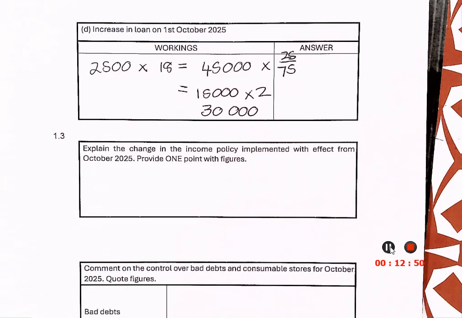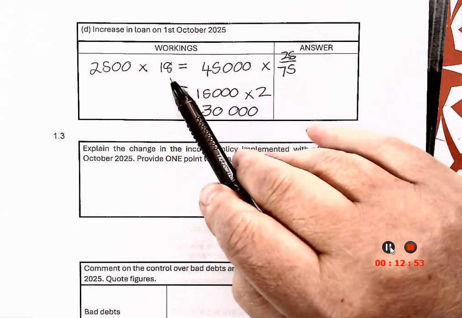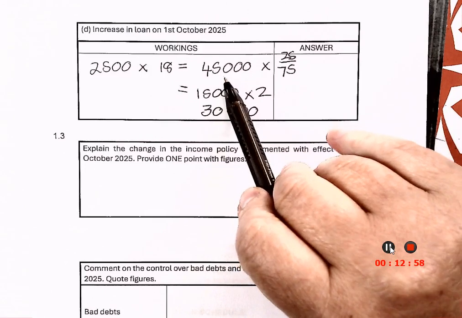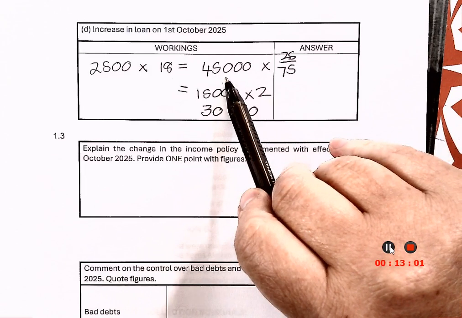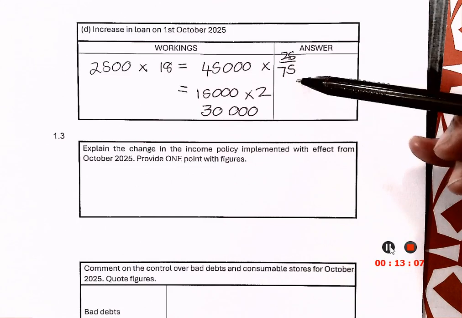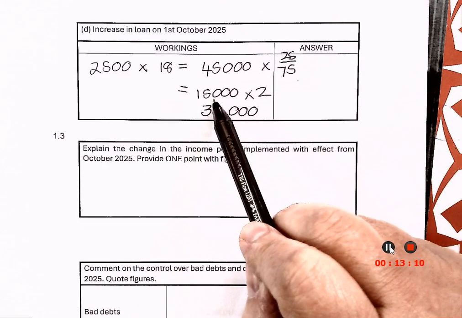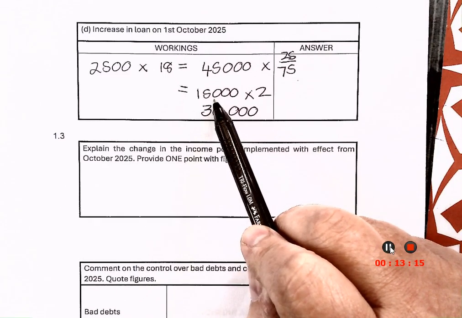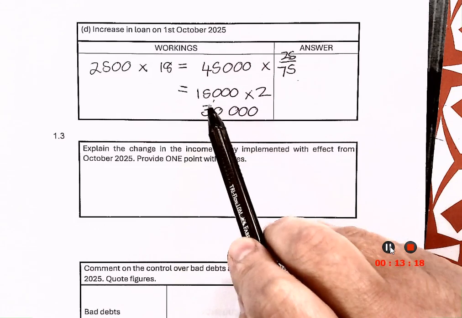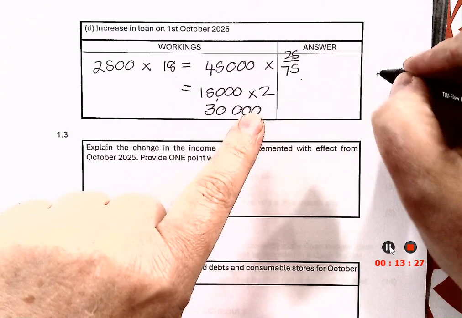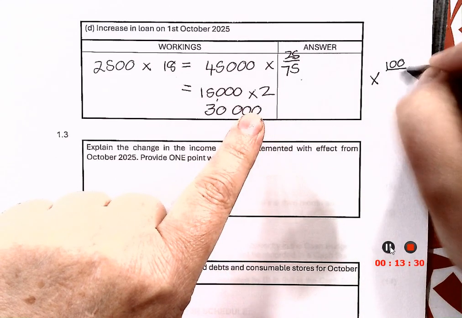So if I pay back 2.5 for 18 months, it means I paid back 45,000, which is 75%, because I still owe 25%. Then I get the 25% is 15,000. Meaning this building cost me 60,000. Now that 15, they tell me it's 50% of the loan. So instead of saying times 2, I can say times 100 over 50.